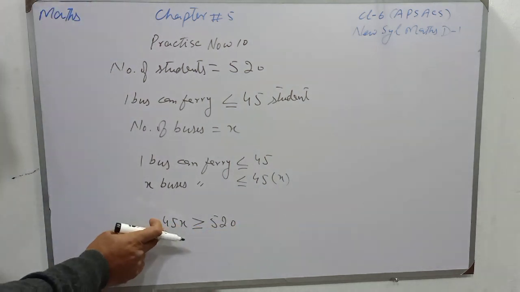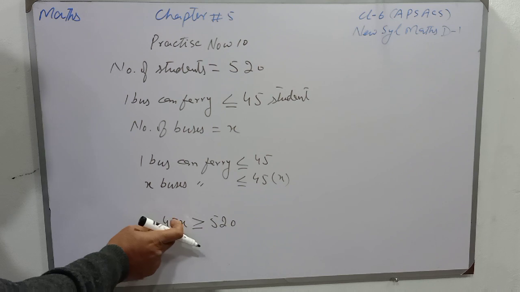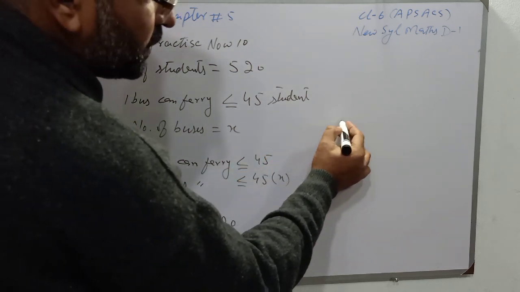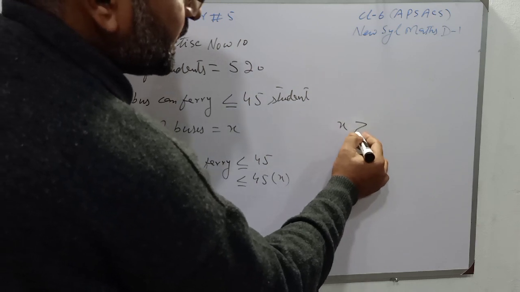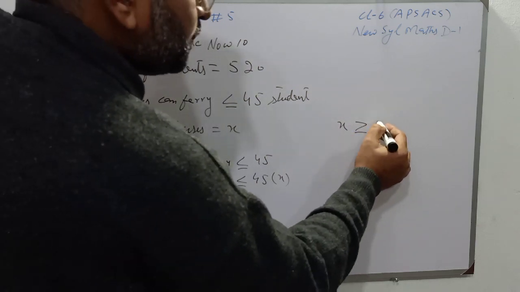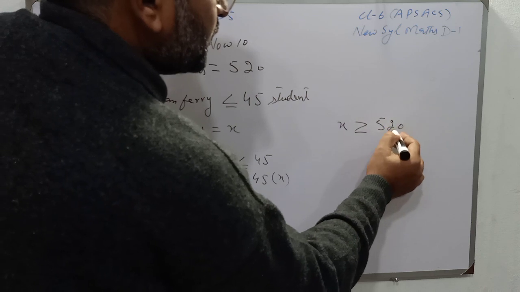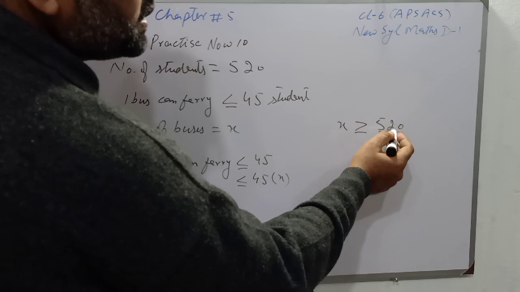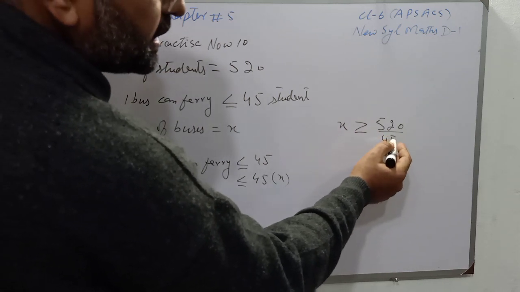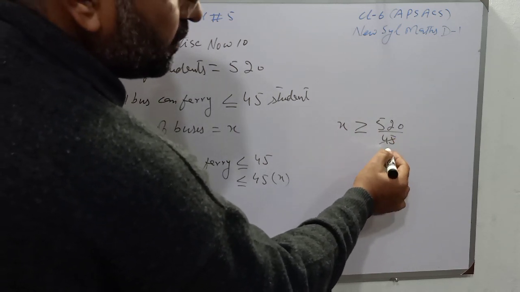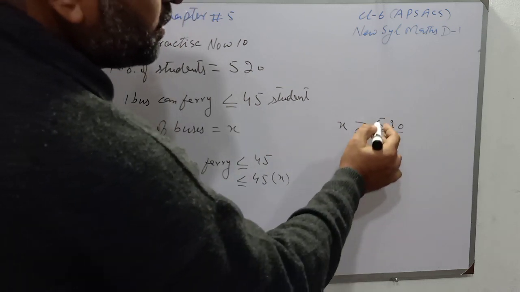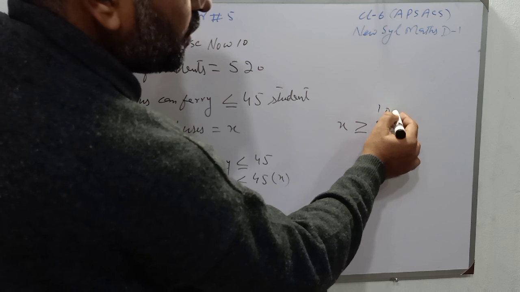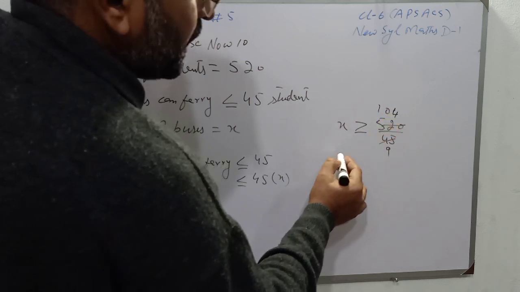And 45 is multiplying on the left side with x. When we transfer it to the other side, it will divide, and what is left over is x is greater than or equal to 520 divided by 45. Now students, we will cancel both the numerator and denominator with the table of 5. 5 9s are 45, 5 1s are 5, no carry, 5 zeros are 0 and 5 4s are 20.